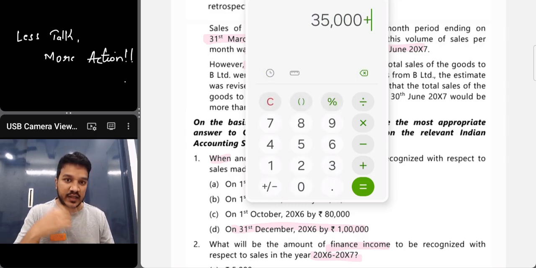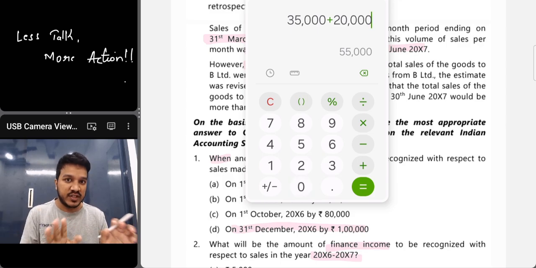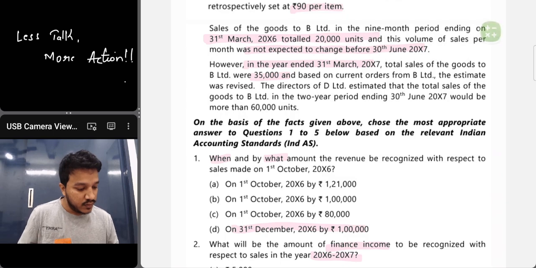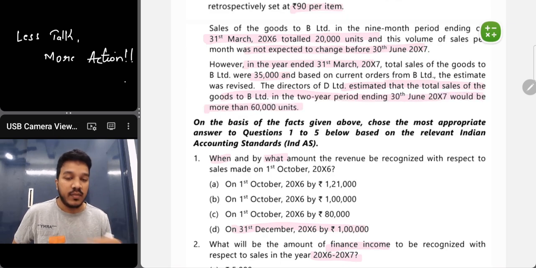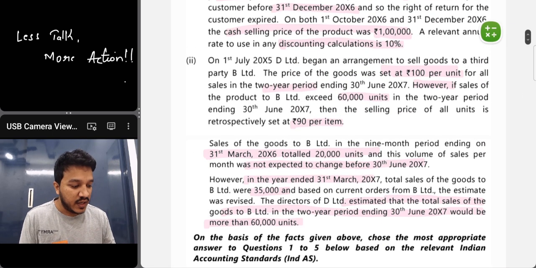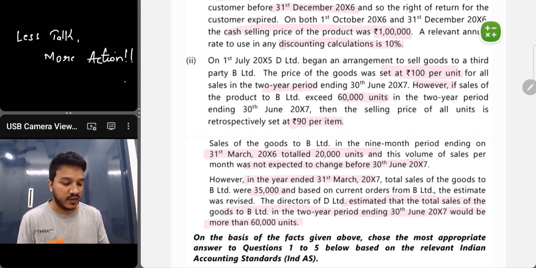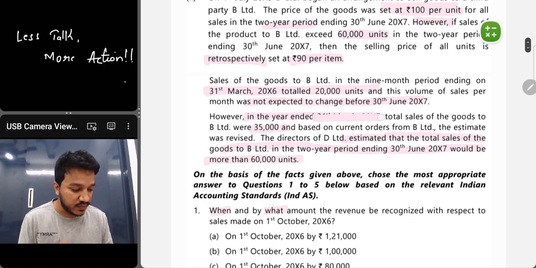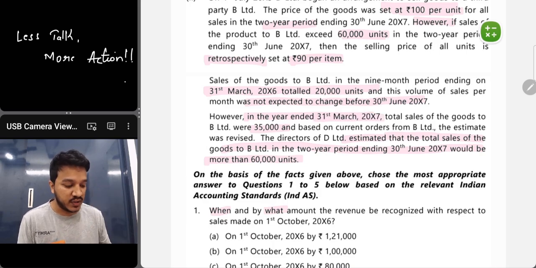They sold 35,000 now, and in the previous year they sold 20,000, which is not more than 60,000. But the director has estimated that the total sales for the 2-year period will be more than 60,000, so they expect it will cross 60,000. Even if they only expect it, the price of 100 rupees per unit becomes 90 retrospectively. So in the year ended 31st March 2007, 35,000 units have been sold.